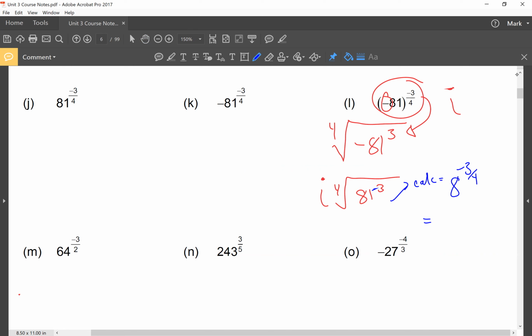Give me 1 second here. Okay, so what this ends up being on my calculator, it's giving me a decimal. Hold on, 1 second.